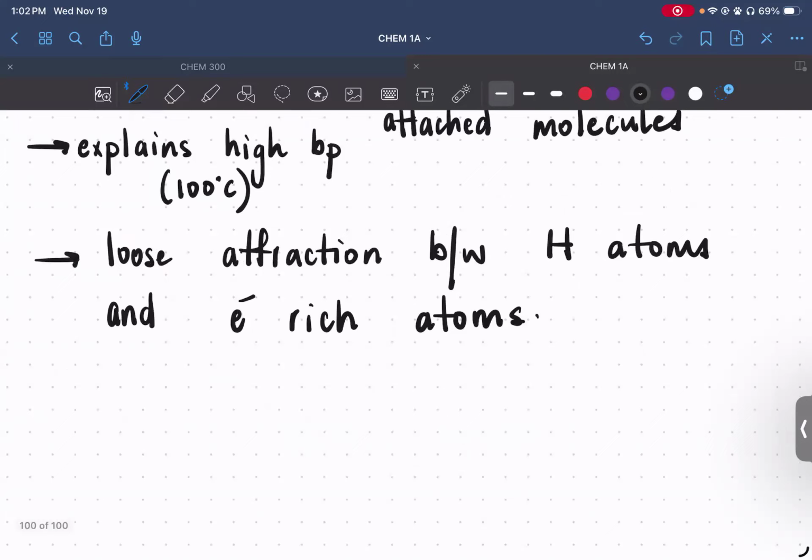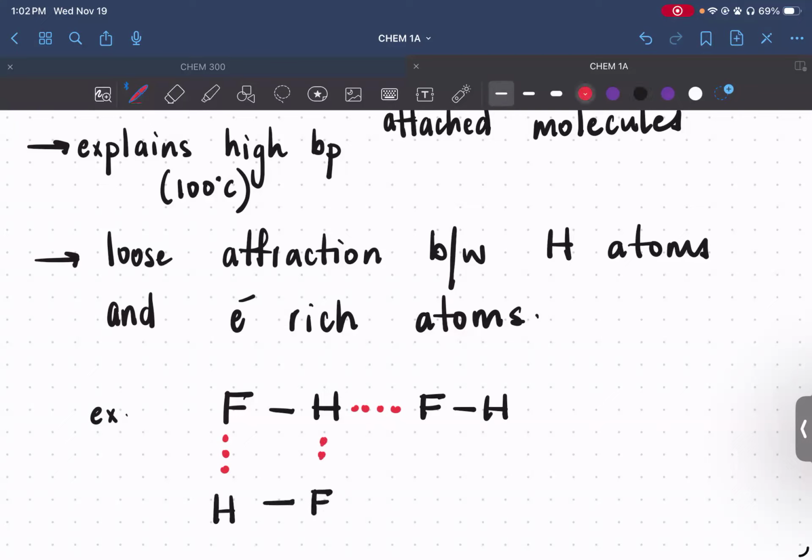For example, if I were to come up with another molecule, let's say HF, well, guess what's going to happen? That HF, that hydrogen, will be loosely attracted to the nearby fluorines. And this is just a small snapshot of the network.